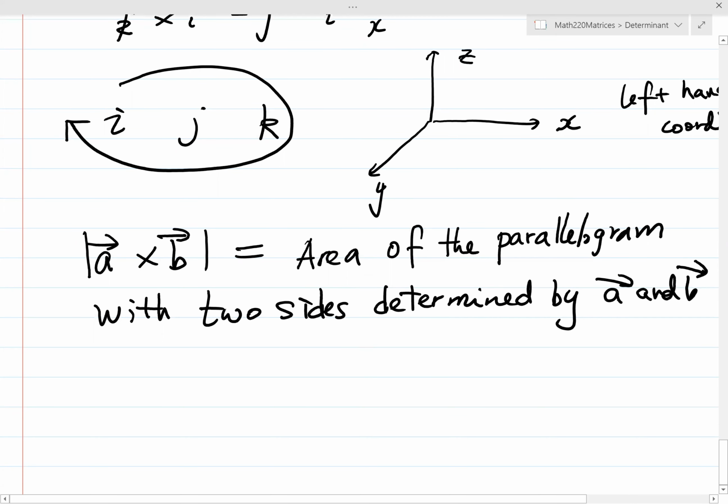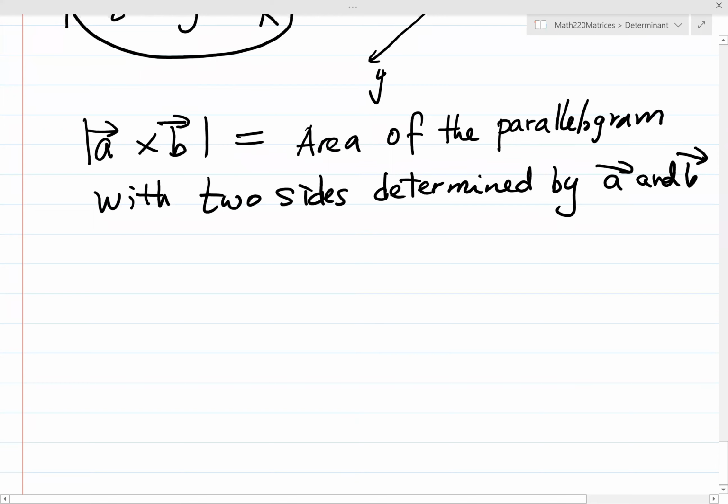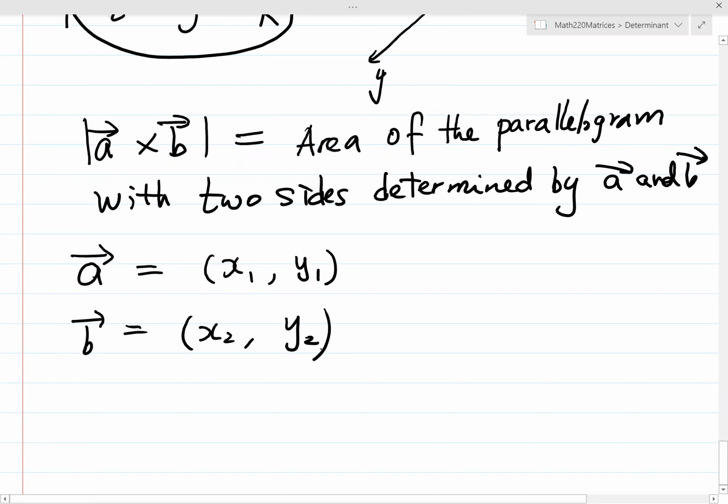Now, for example, if A is x1, y1, B is x2, y2, so this will be x1i plus y1j, and this will be x2i plus y2j.